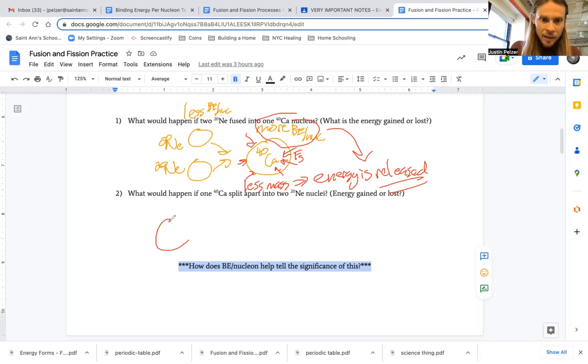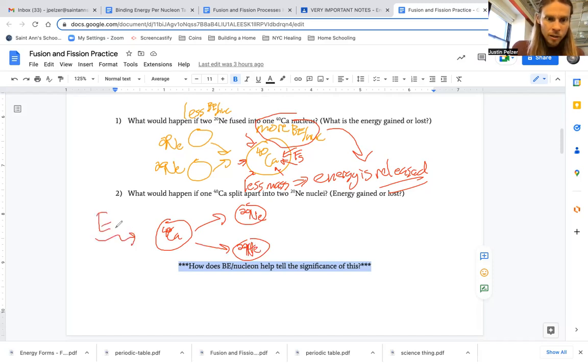Now, if I tried to take that same calcium nucleus and split it apart, if I tried to do fission with it, it wouldn't work. Well, it could work if I could put in the energy, neon. I would have to input energy. It's the same, but in reverse, right? So I could figure out the output of energy by looking at the delta mass times c squared.